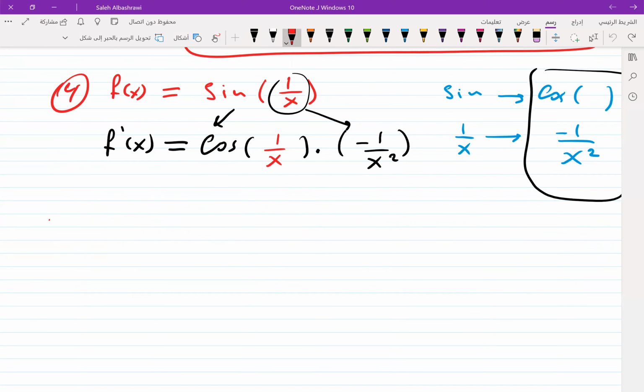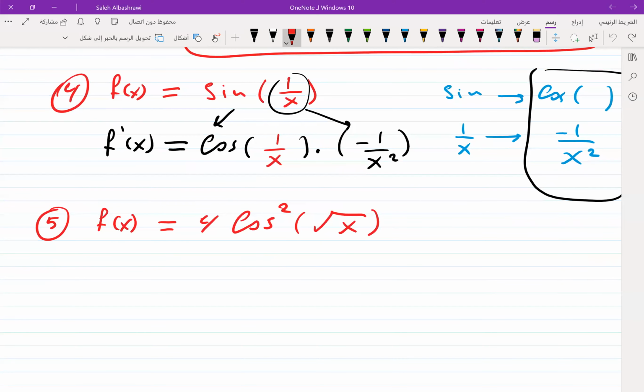Number 5. Think about this one. f(x) equal to 4 cosine squared of square root of x.